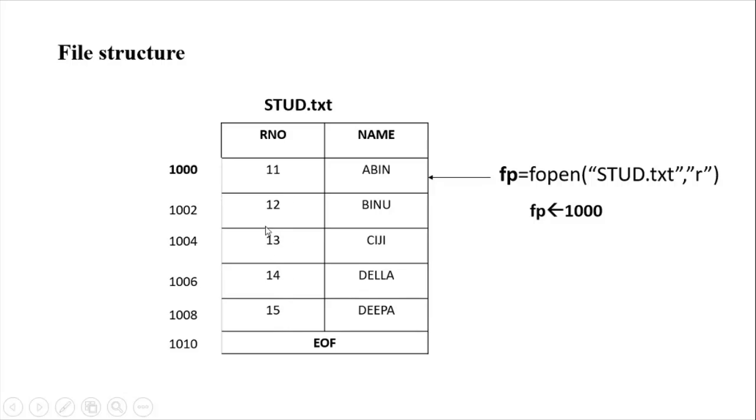Here 5 records are there in the stud file, and the last record marks the end of file, EOF. EOF means end of the file, used to indicate the end of the file.